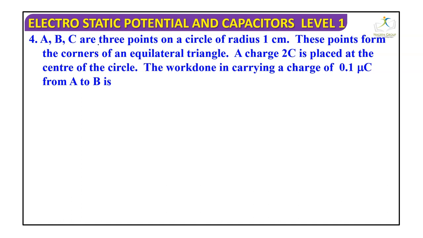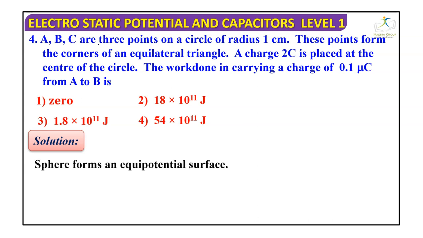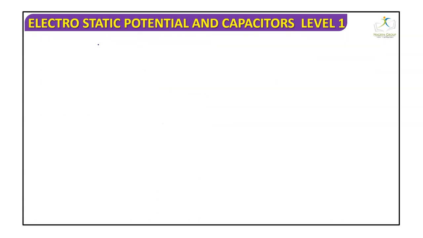The work done in carrying a charge of 0.1 microcoulomb from A to B is 0, 1.8 × 10 to the power 11 joule, 1.8 × 10 to the power 11 joule, or 5.4 × 10 to the power 11 joule. The solution is that a sphere forms an equipotential surface. That means the difference between the potentials is 0.